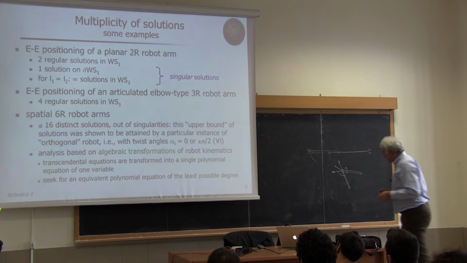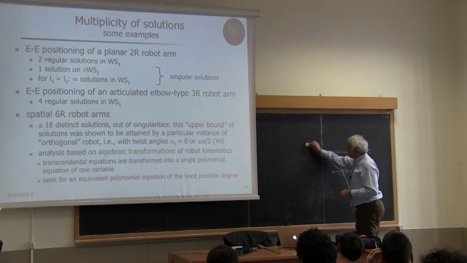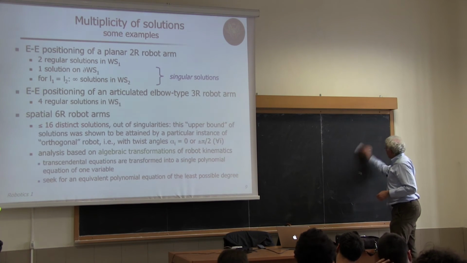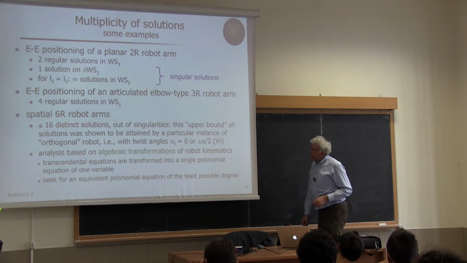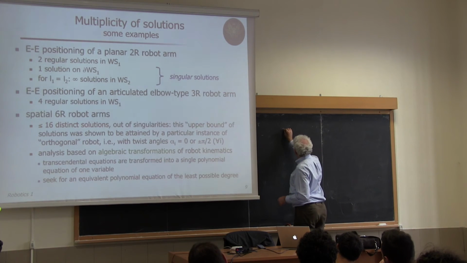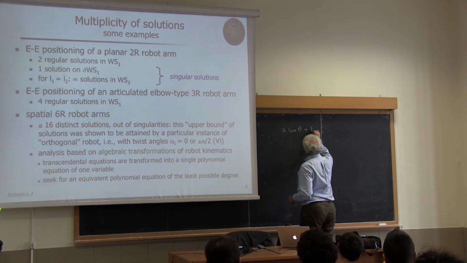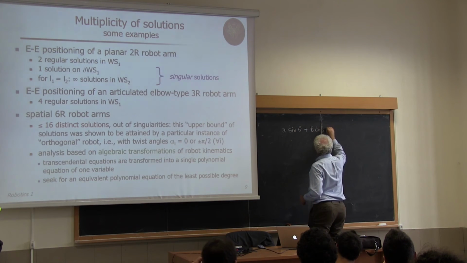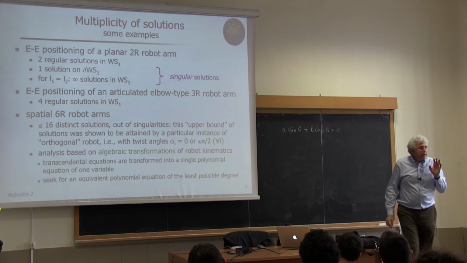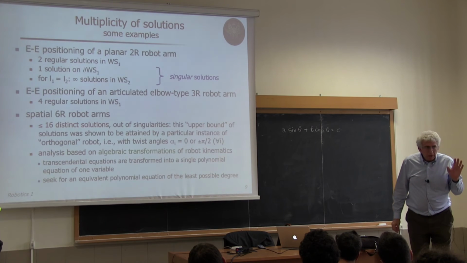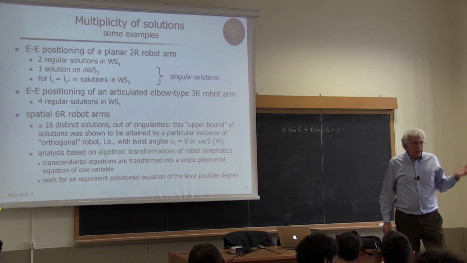For instance, I have here an example to understand how this algebraic transformation works. Suppose that you want to solve this equation: a sine of theta plus b cosine of theta equals c. This is non-polynomial in theta, it is transcendental.